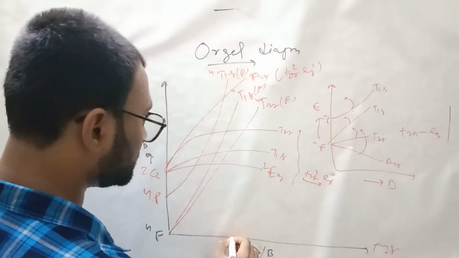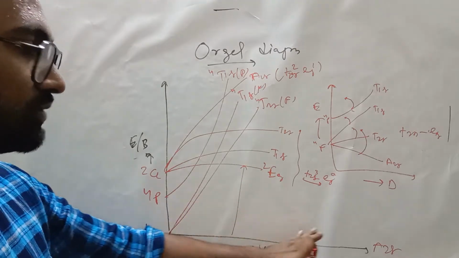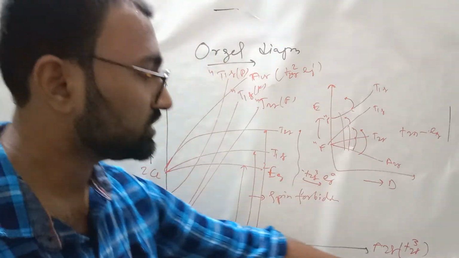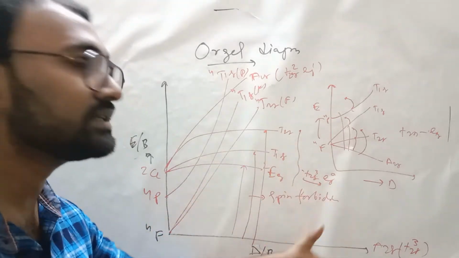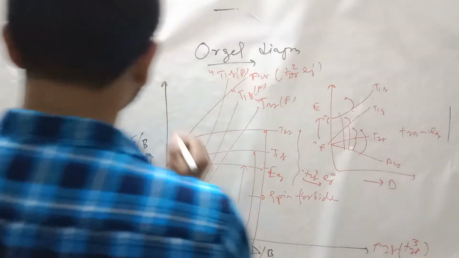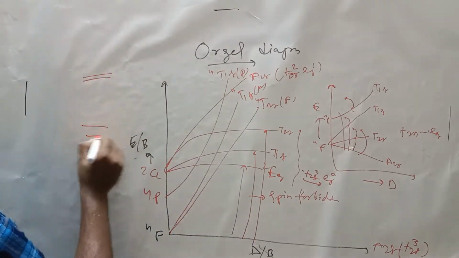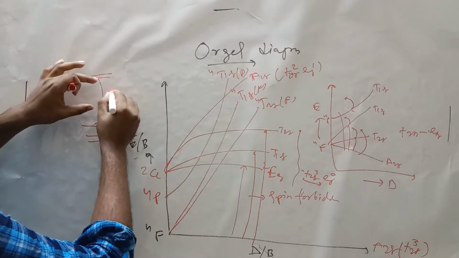Now this t2g to eg transition. Here it is t2g3 to t2g3, and this transition doesn't need any high energy, because when you are talking about eg and t2g and the electron jumps from here to here, there is a delta value.